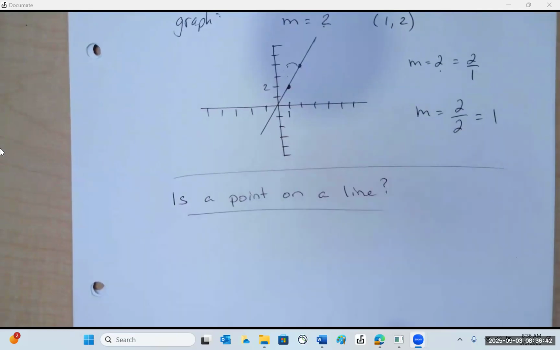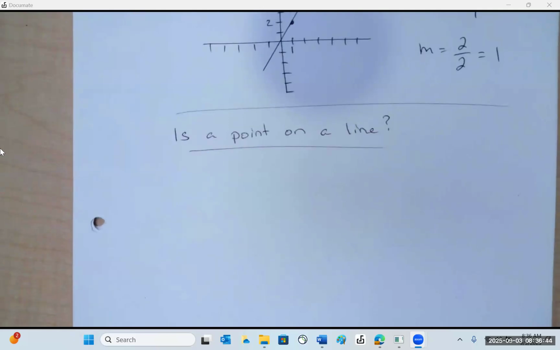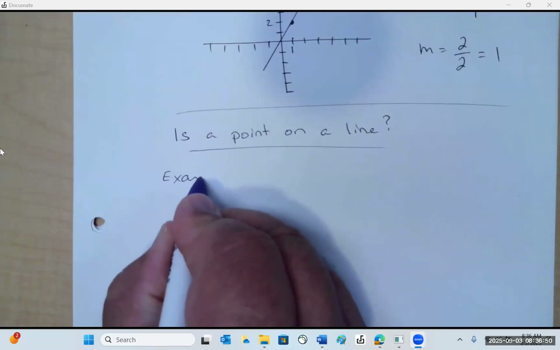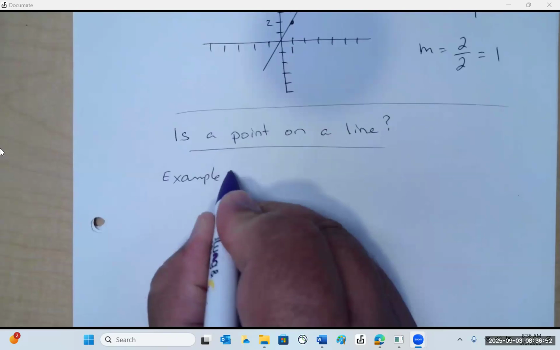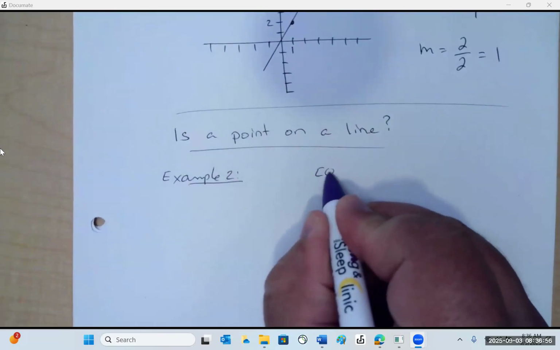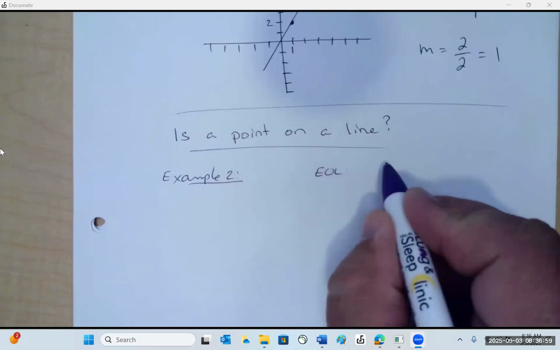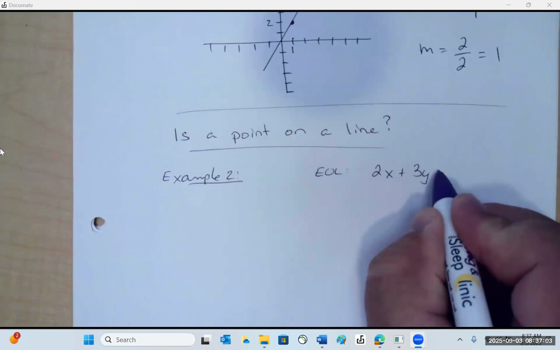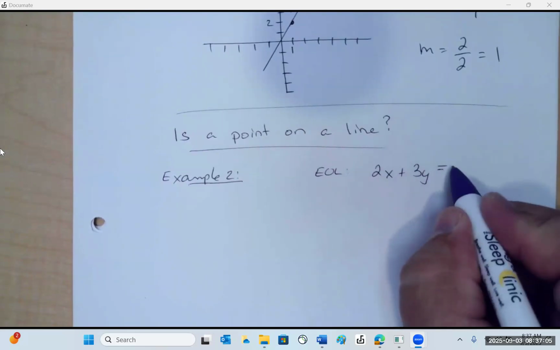The next one asks, is a point on a line? So here we have my equation of a line, EOL, 2x plus 3y equals 18.